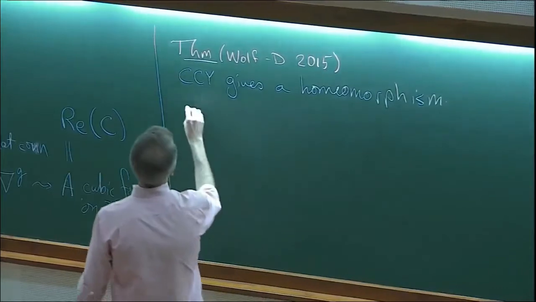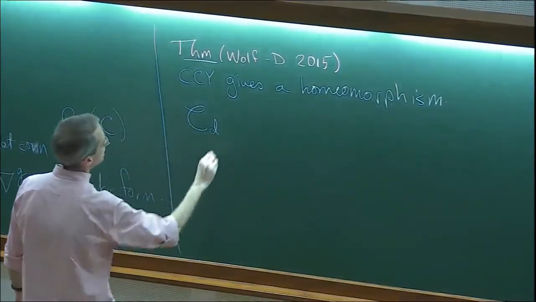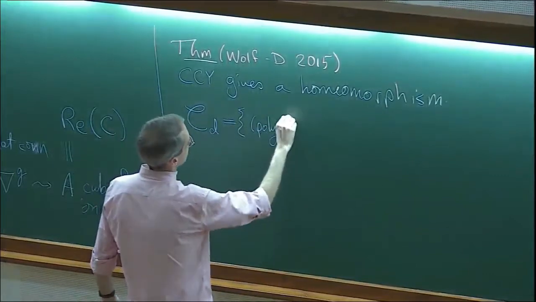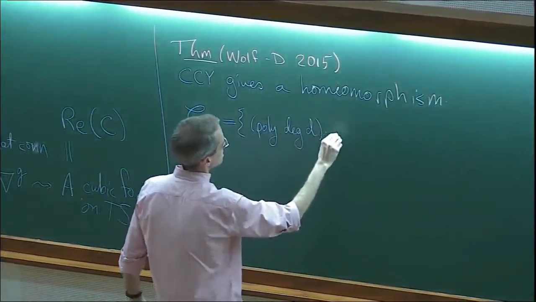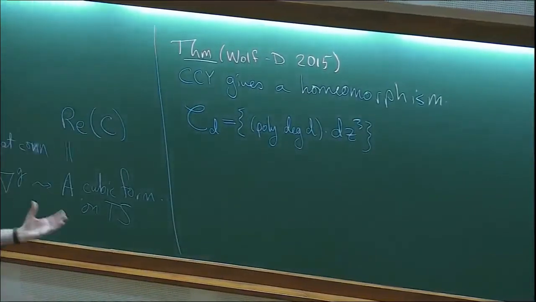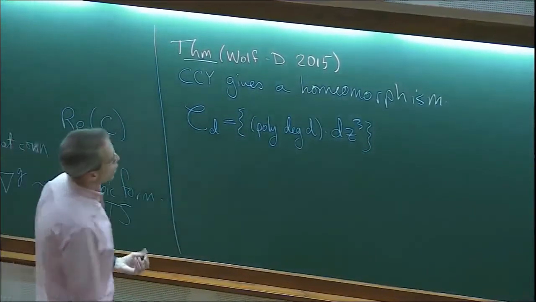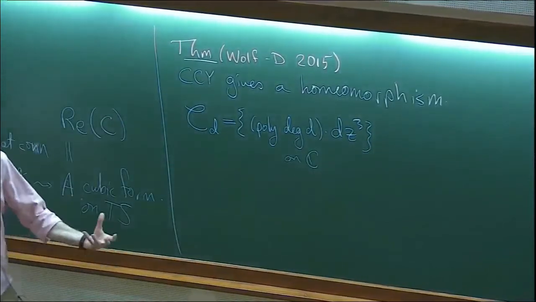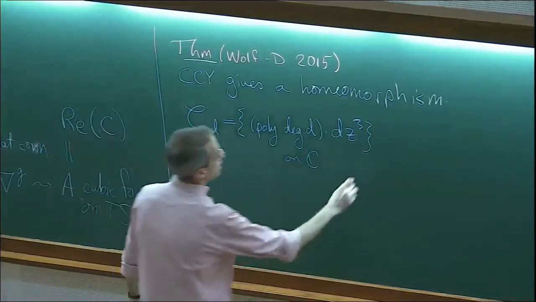Between the space CD of a polynomial of degree d times dz cubed. So that's a holomorphic cubic differential on the complex plane that happens to have the special form of being a polynomial in z times dz cubed.